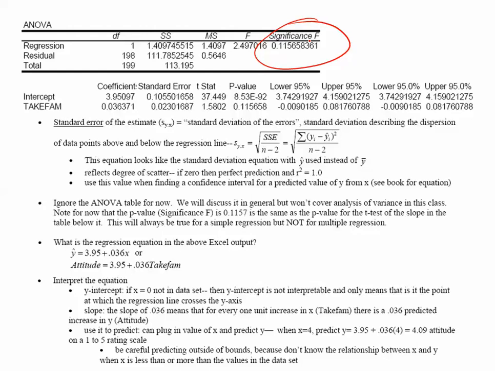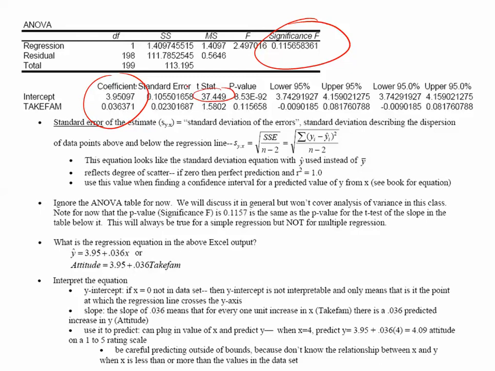The most important part that I want to emphasize in this output are the coefficients. The first coefficient is the intercept. We assume that the intercept is 0. We start with the null hypothesis that the intercept is 0.